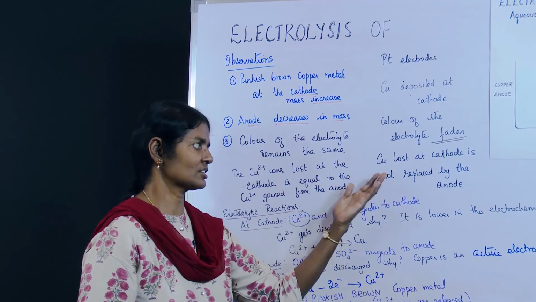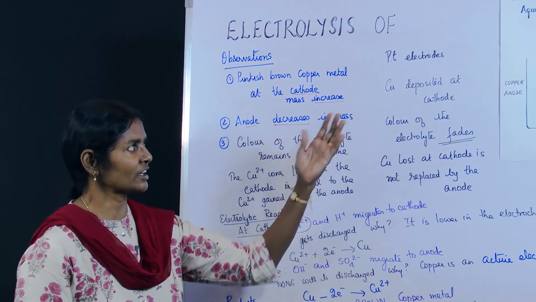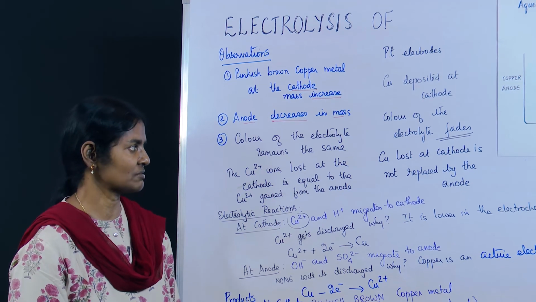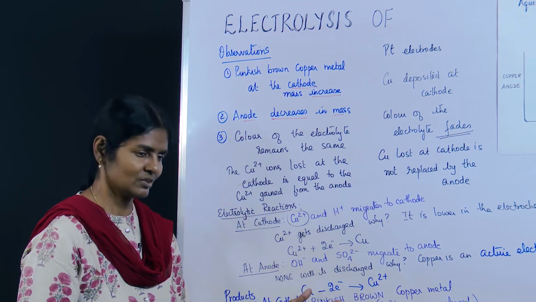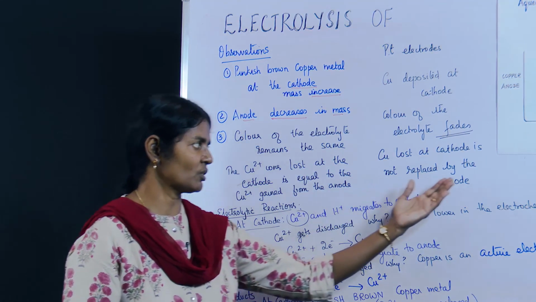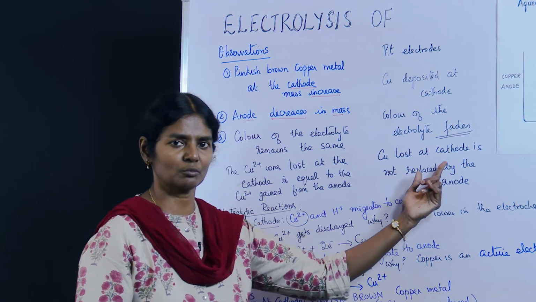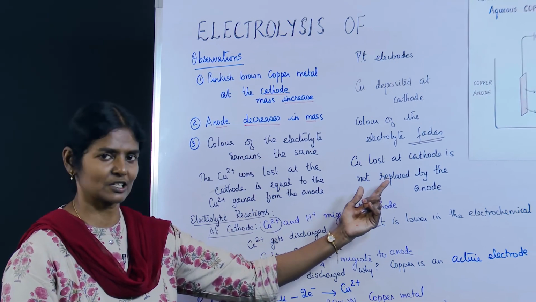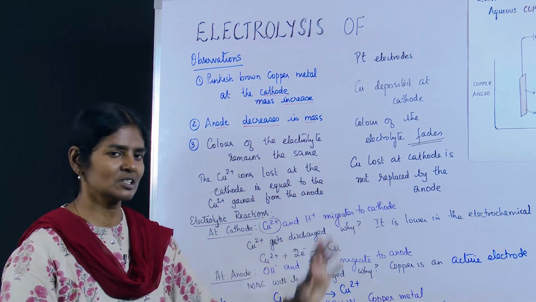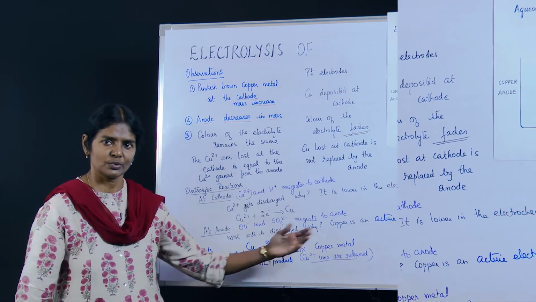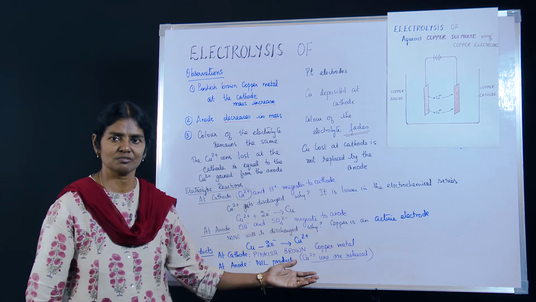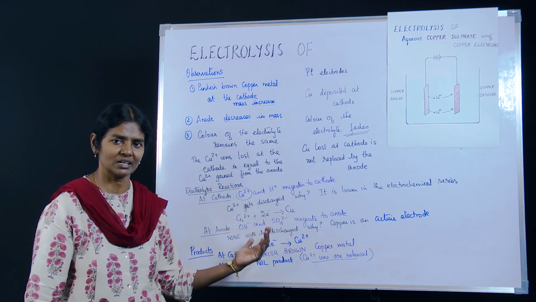So, these are the two things about electrolysis of aqueous copper sulfate, mainly about using copper electrodes, but we also need to know the most important difference in the electrolyte color when we use platinum electrodes. So, with that we finish the electrolysis of copper sulfate using copper electrodes.